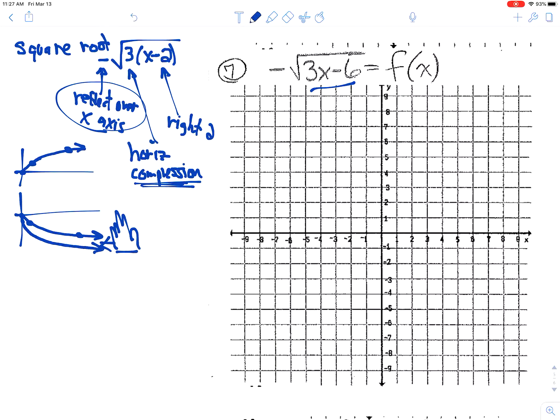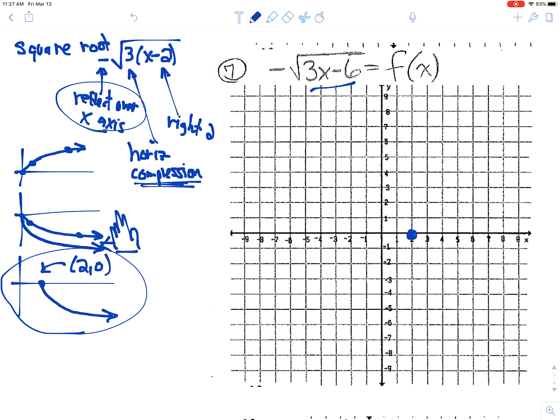So it's going to be something like this. And then I take it right 2. So that one that has now been bowed out is going to look something like this. So I do that all so that I can identify that 2, 0 is going to be my important point, the one that kind of anchors me in.